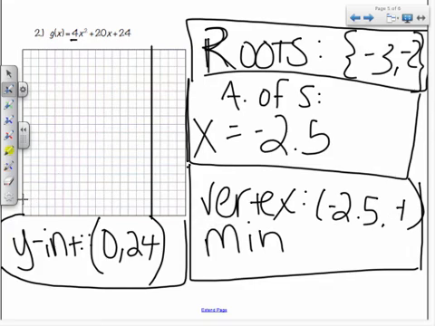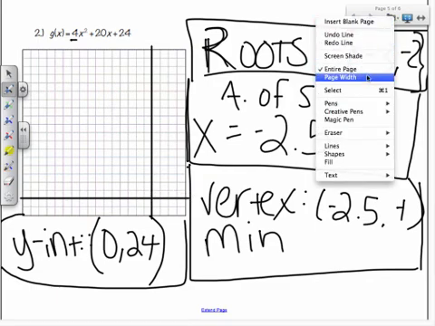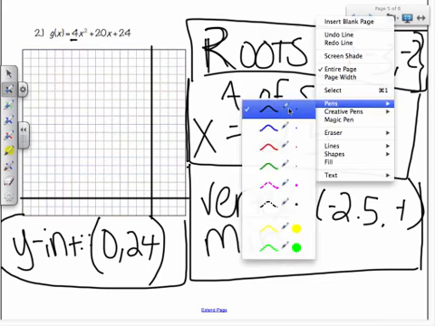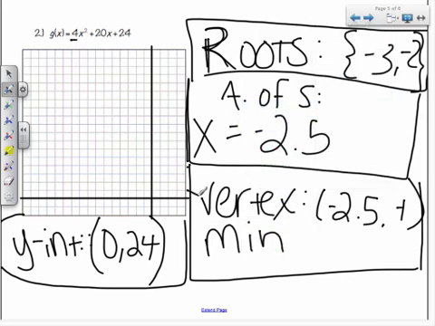So I'll just put my x-axis right here. Don't forget to number and label your axes. So I'm going to put x right here, and then I'm going to put y right here. And it goes from 0 right here all the way up to 24.